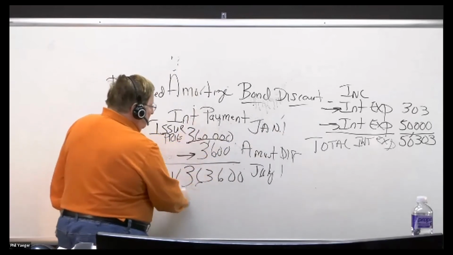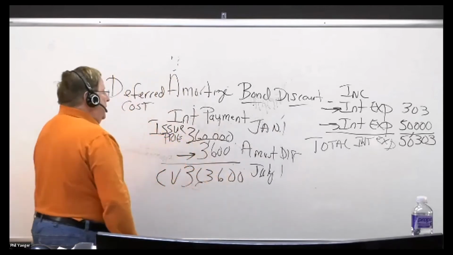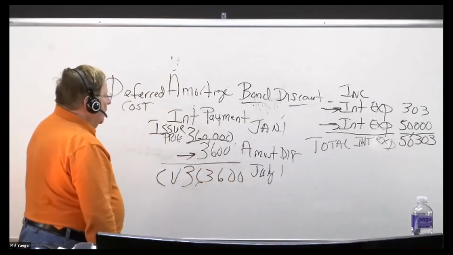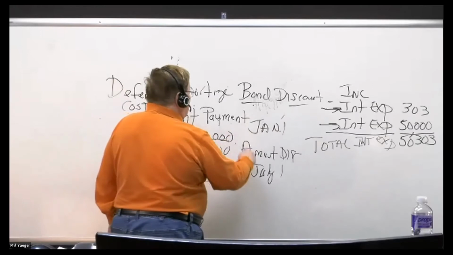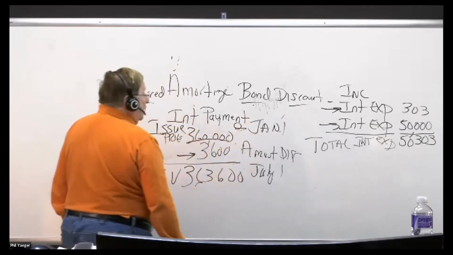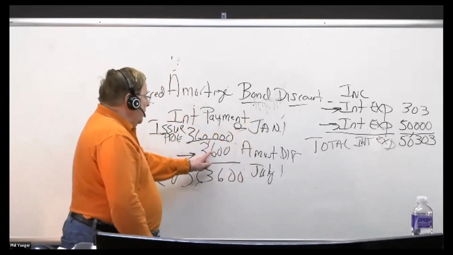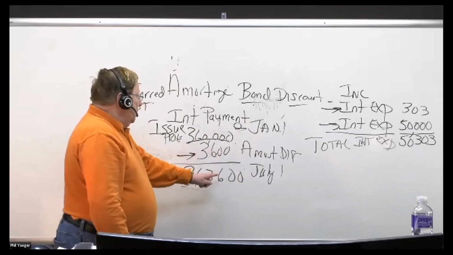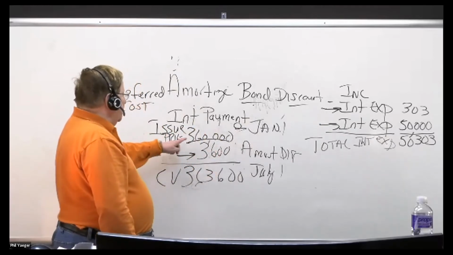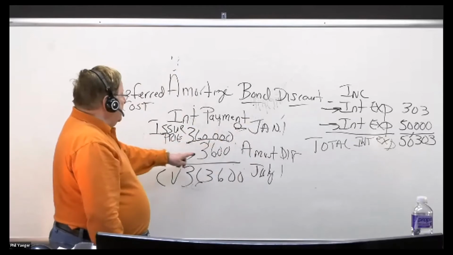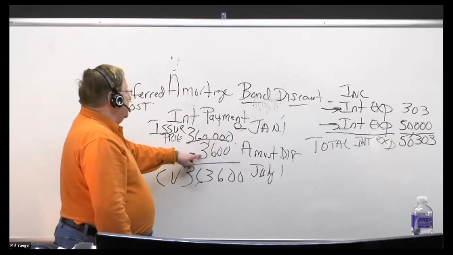So if on July 1st the carrying value is 363.6, we go back to January 1st, and the carrying value has to be $3,600 less, because when you issued it, you got 360. Your first amortization period increased the carrying value.